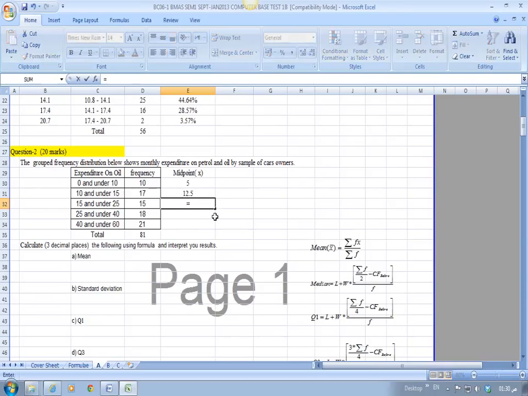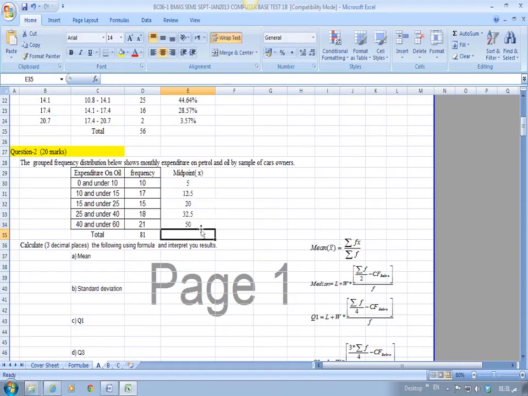The next one is equal, open bracket 15 plus 25 close the bracket divide by 2, and then equal 25 plus 40 close the bracket divide by 2, and then the next one equal bracket 40 plus 60 close the bracket divide by 2.